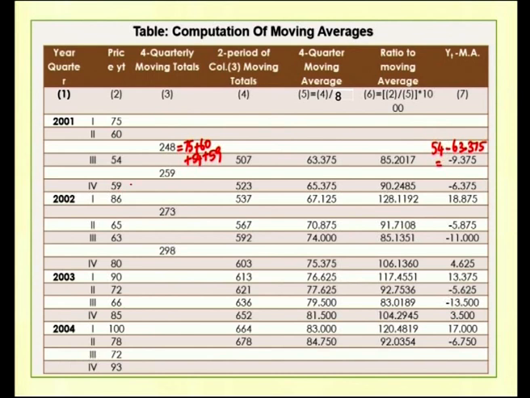Similarly, 59 minus 65.375 is minus 6.375. Again, when you see, according to centering the moving averages corresponding to the year 2001, the first quarter and second quarter values are not available.